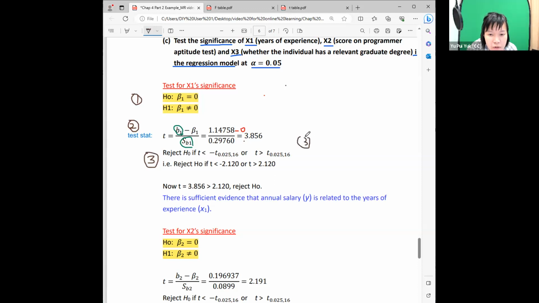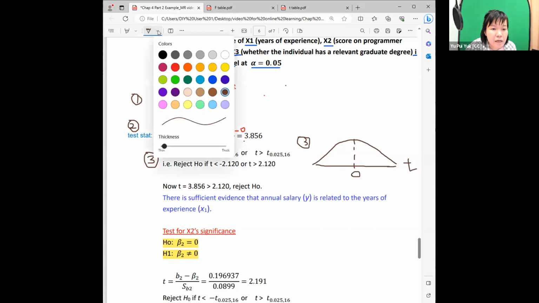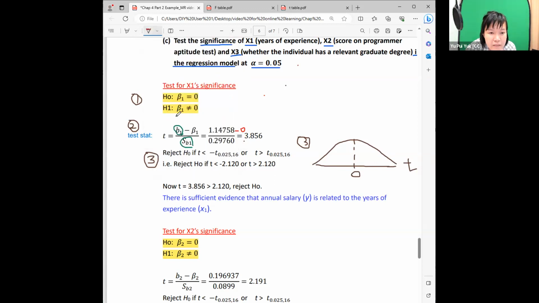First of all, going back to the t-test, we just draw the symmetric curve and indicate this is the t curve, and the mean is equal to 0. For the rejection region, we should look at the sign of H1.